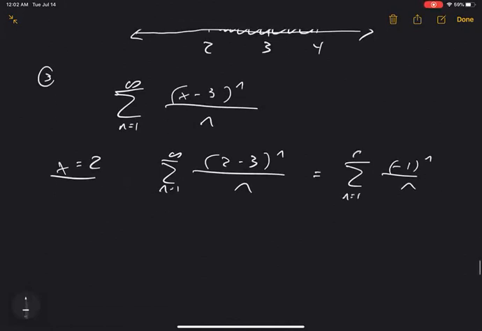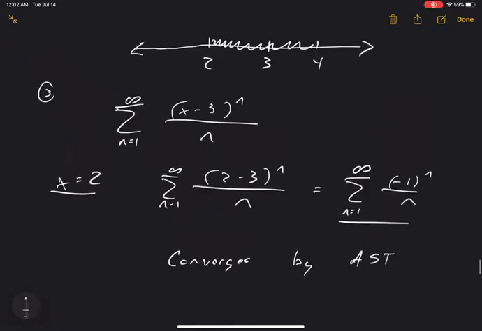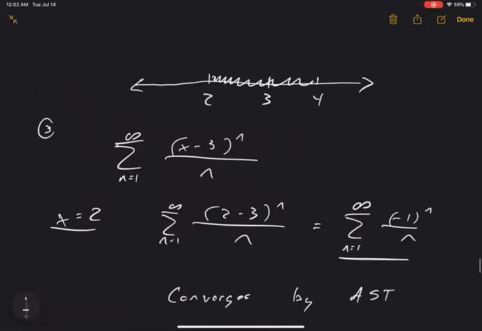Now I ask myself, does this series converge or diverge? This is the alternating harmonic series. It converges by the alternating series test. Okay. So when I plug in that endpoint x equals 2, my series converges. So I want to include that 2 in my interval of convergence.